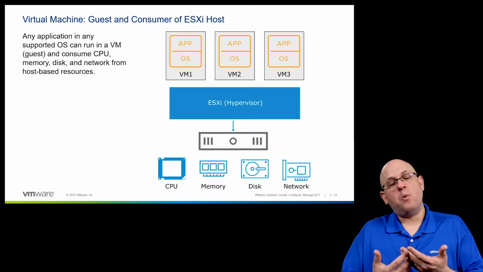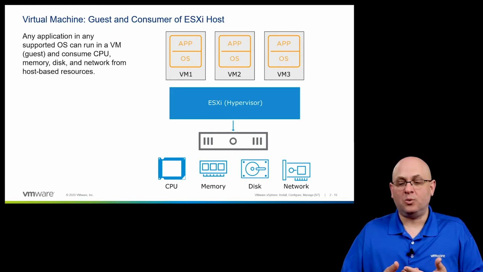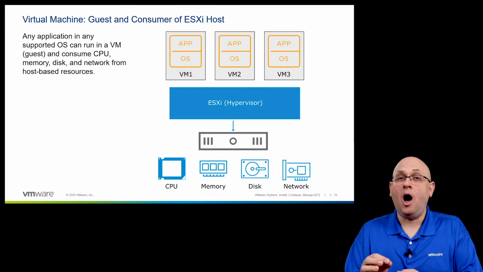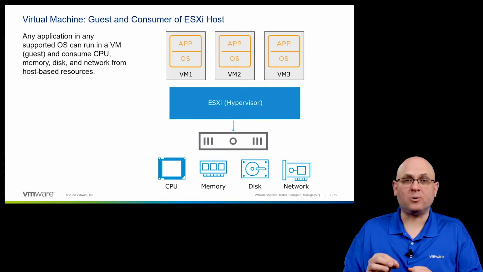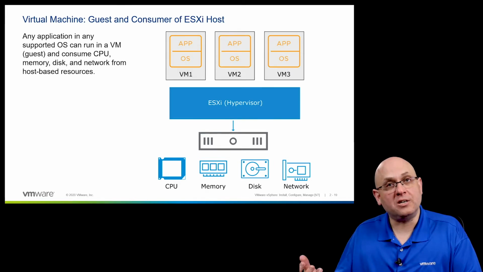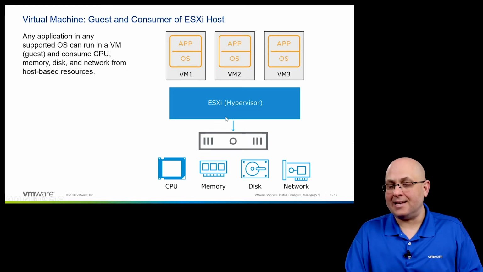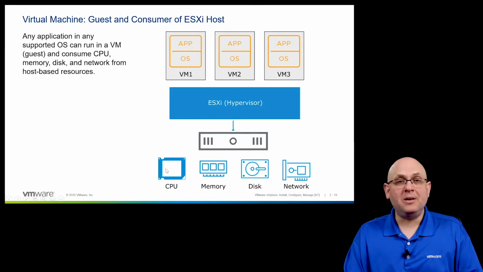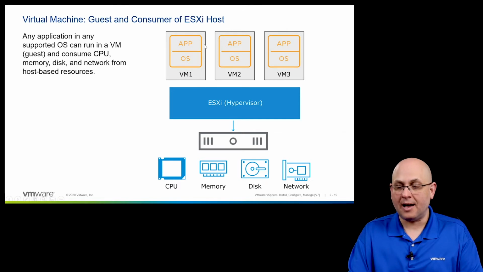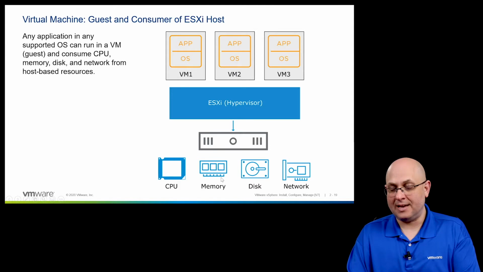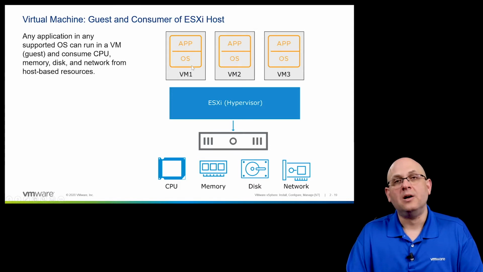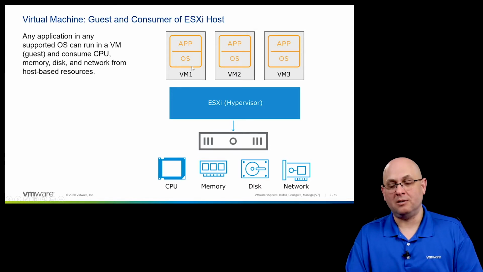Now, when we build these virtual machines, we are going to assign to these virtual machines a portion of the resources that the ESXi host has access to. That is, for all of the CPU that exists on your hosts, a portion of it will be assigned to your virtual machine. For all of the memory that exists in your ESXi hosts, a portion of it will be assigned to the virtual machine.